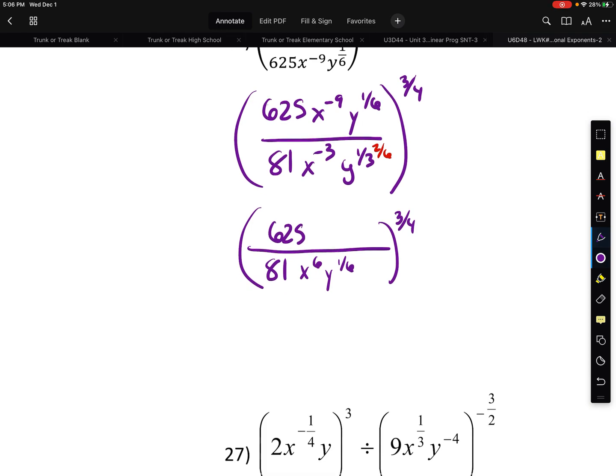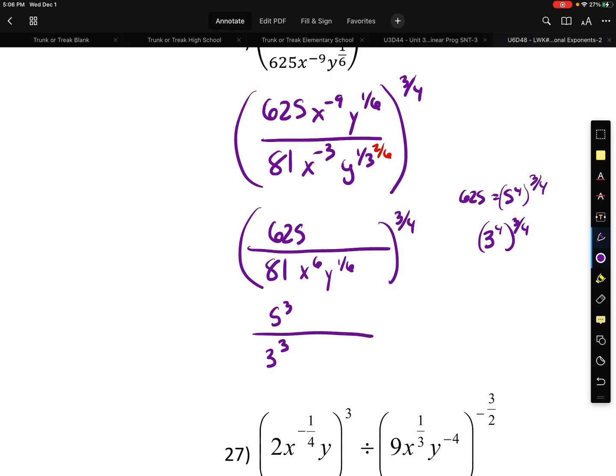Okay, so 625. What am I thinking about with 625? 625 equals 5 to the 4th. So 5 to the 4th raised to 3/4 is just 5 to the 3rd. 81 is 3 to the 4th, to the 3/4 gives me 12 over 4, which is just 3 to the 3rd. 6 times 3/4, we'd have 18 over 4, which is 9 over 2.